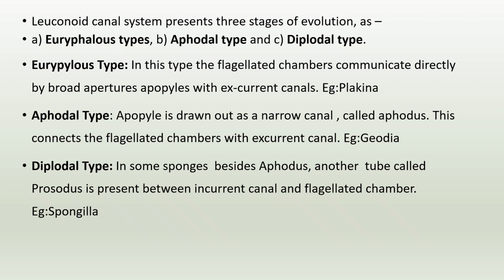In the aphodal type, the apopyle is drawn into a narrow canal called the aphodus, and this connects the flagellated chambers with the excurrent canal. Example, Geodia. In the diplodal type of some sponges, besides the aphodus, there is another tube called the prosodus, which is present between the incurrent canal and the flagellated chamber. Example, Spongilla. We can see the images in the next slide.